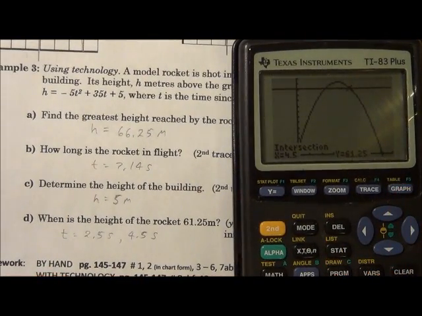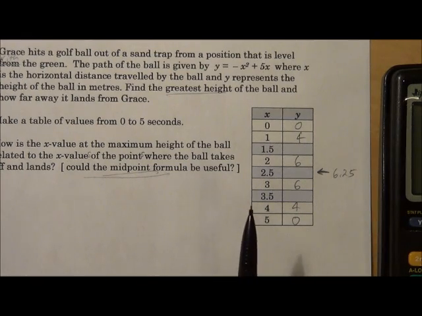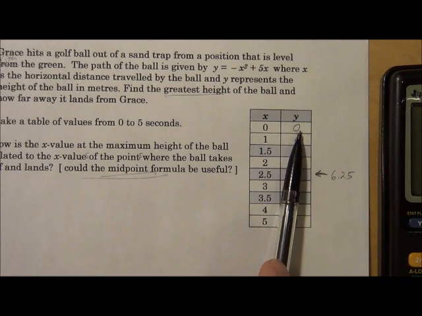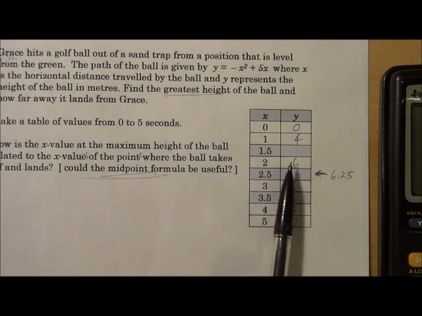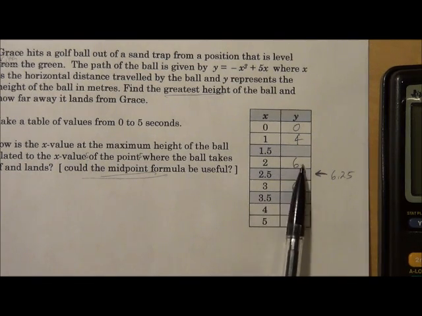Okay, so that is basically that. Now, I said I would go back briefly to the first equation, the first example. Using the calculator, I found that at x equals 0, y was 0, x equals 1, y is 4, x equals 2, y is 6, x equals 3, y is 6, 4 and 4, 5, 0. So I saw that there were two values where the y value is the highest.